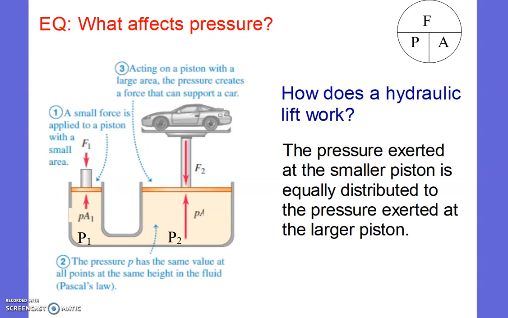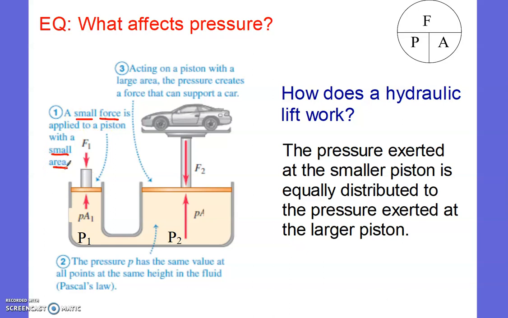So if we want to lift a car, we have a fluid within these pistons. These pistons are connected. So here we have a smaller piston and a larger piston at the car. At the smaller piston, we're able to apply a small force to the small area.